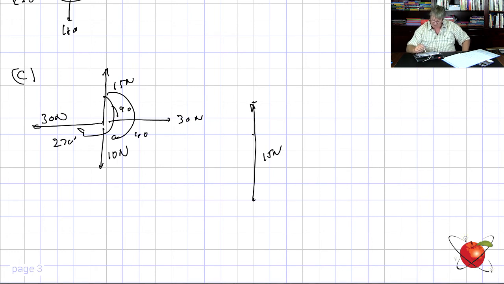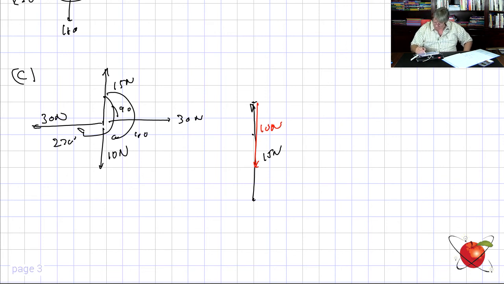And then I must say, right, down I'm going to go 10. Hold on. Down I'm going to go 10. So that's going to be down to there, right? There's my 10. Remember, that was 15. Now I've got to go 30 across to the right.